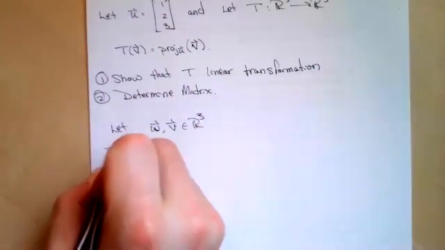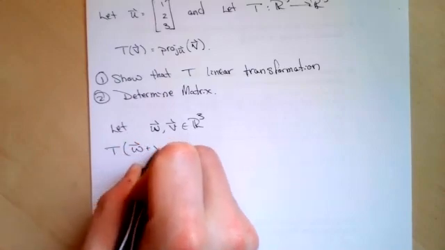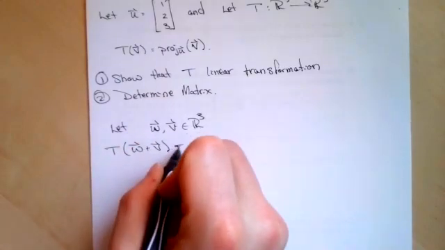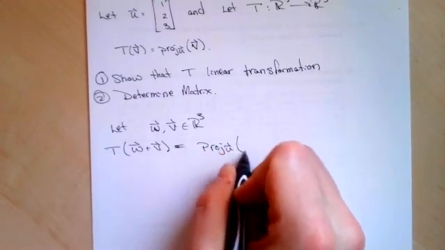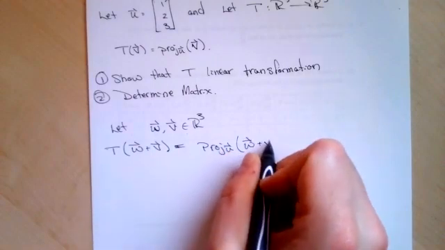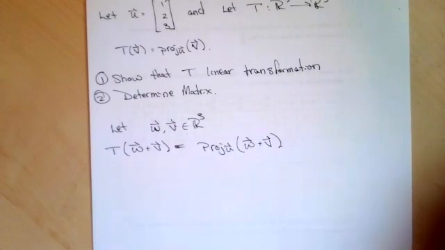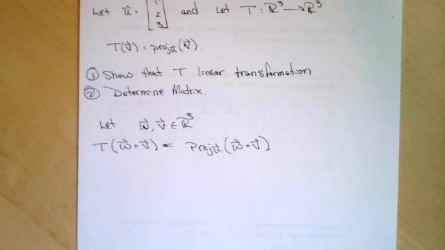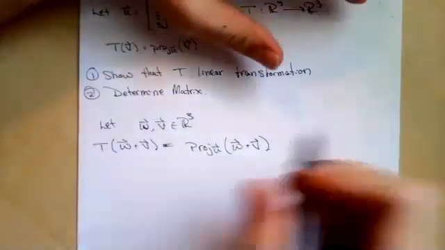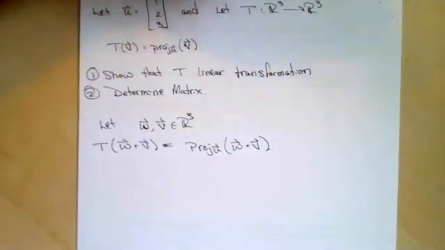And we note that T of W plus V is going to equal the projection onto U of this sum. And so we need to show that this is linear. I don't think we've done this yet.